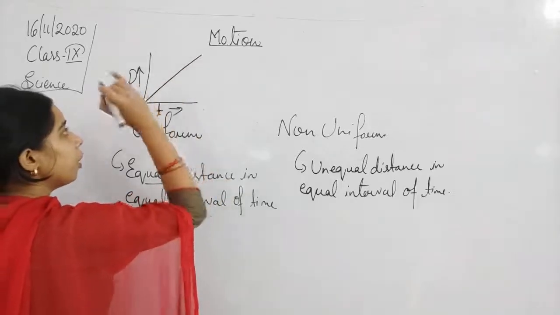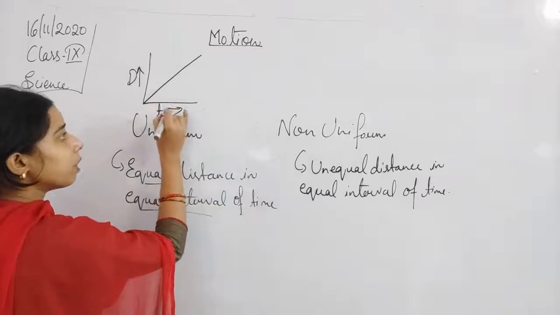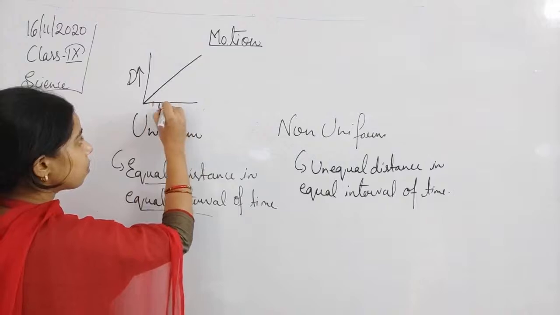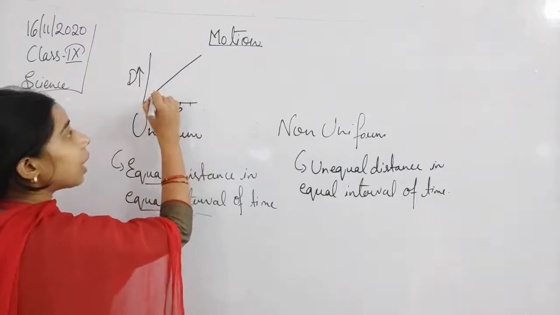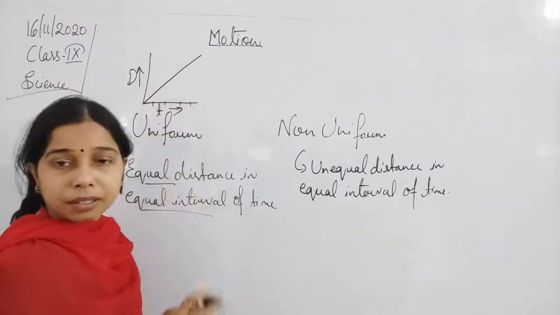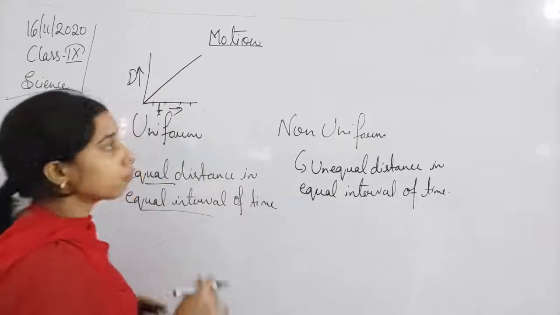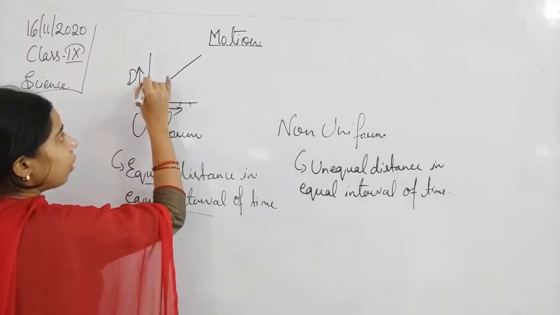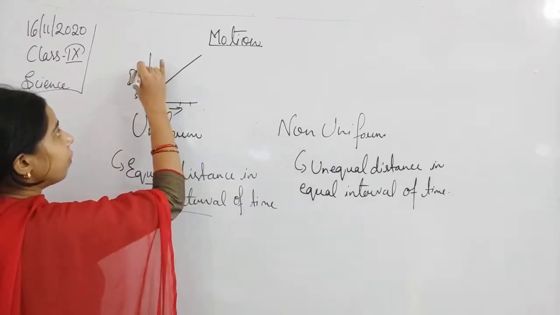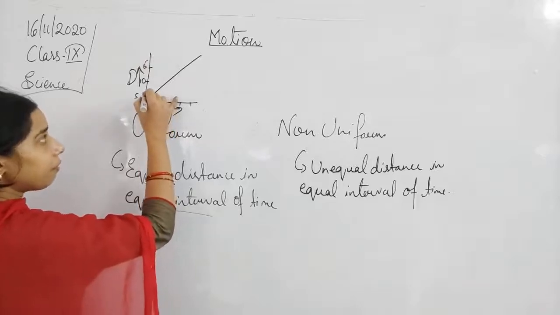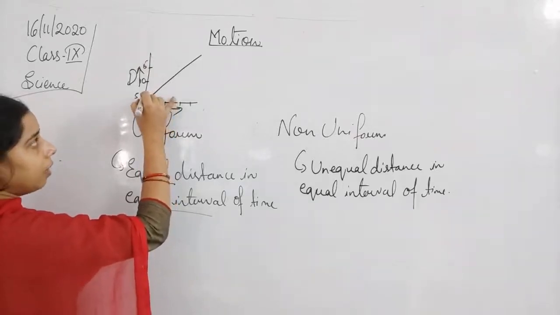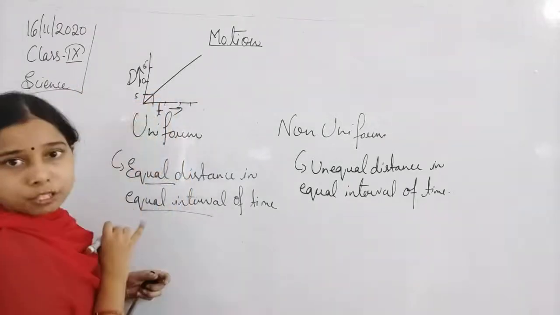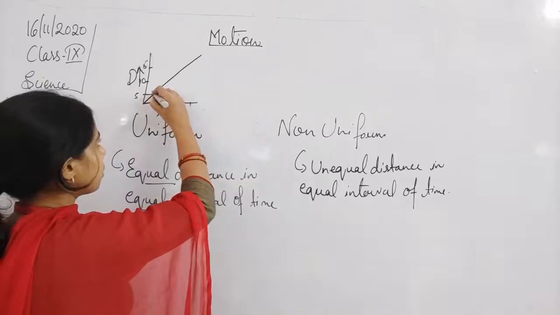Suppose we have divided the time into segments 1, 2, 3, 4, and in the same way we have divided the distance, like 5 meter, 10, 15. In 1 second, if it travels 5 meter, this will be the first point.